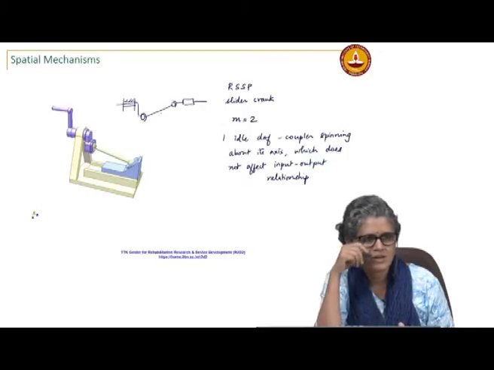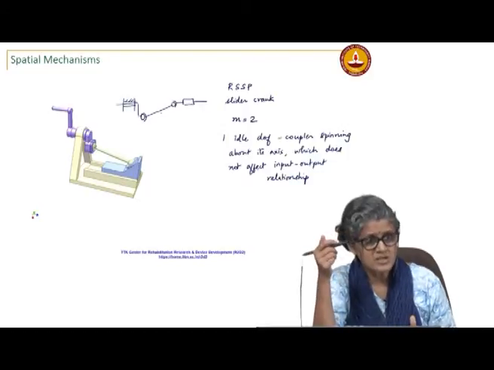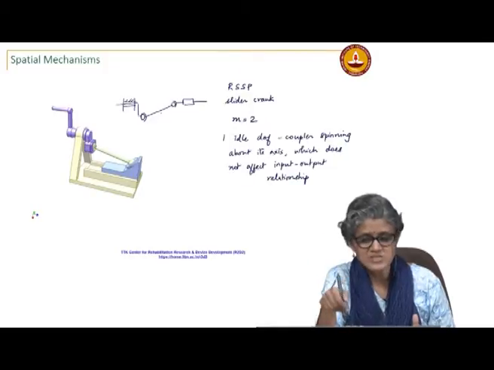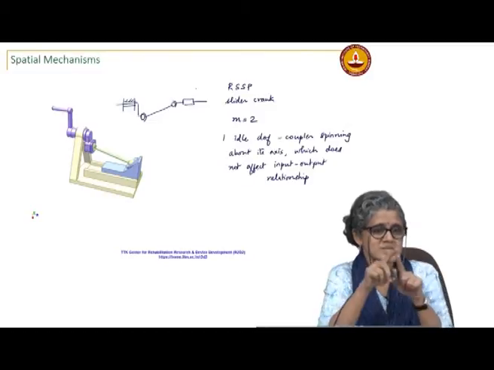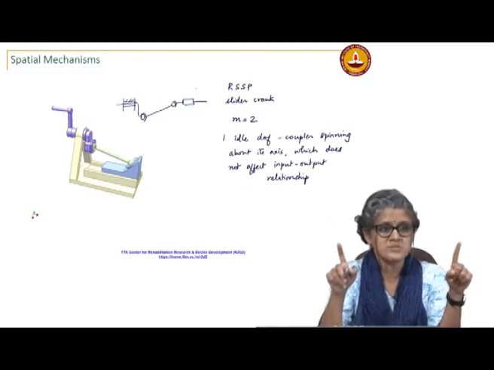But the mobility still comes out as 2, because the geometry is what is preventing the movement. For whatever angle of the input, the output is 0. That is the specific relationship between the input and output.